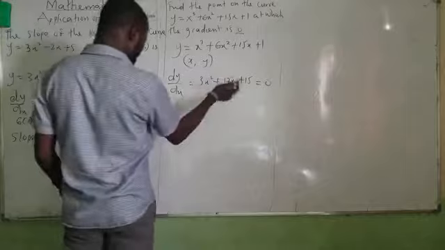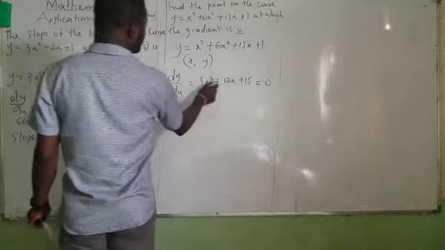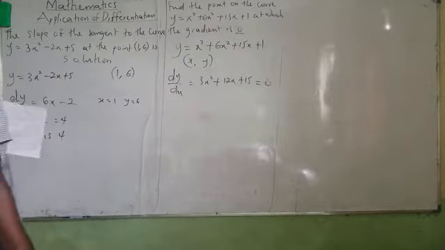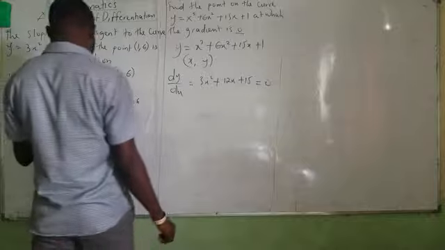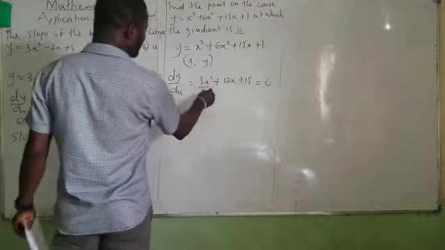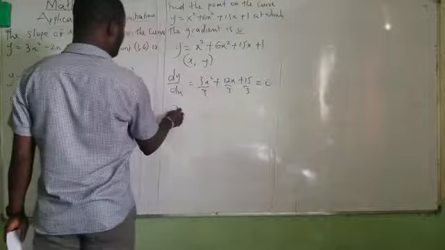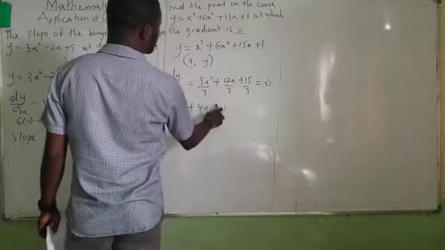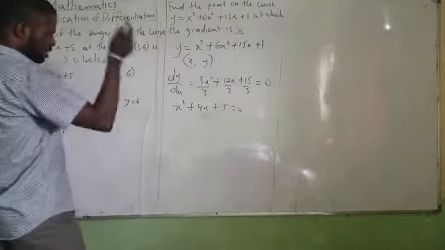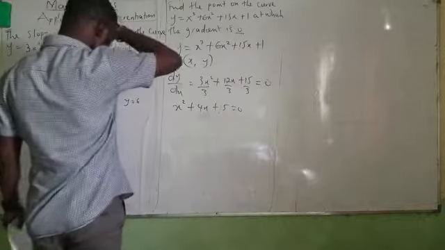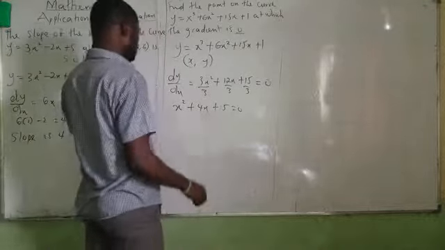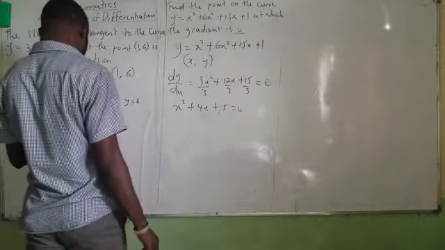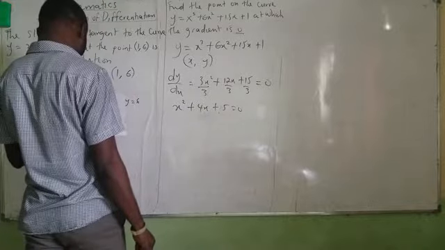Now, I can factorize this, with 15 and 45 and 12, I can reduce this by 3, which I'll be having x squared plus 4x plus 5 equals 0. Now, 5 times 1, plus, I'm talking about plus.